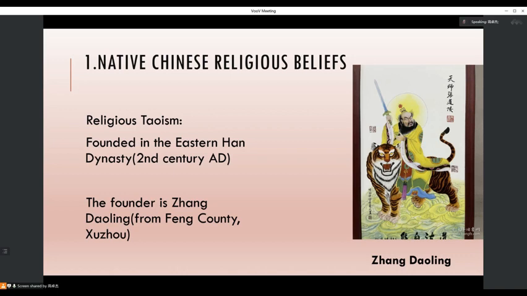According to history, people say Zhang Daoling lived for about 580 years, because he tried to test his body in order to live longer.